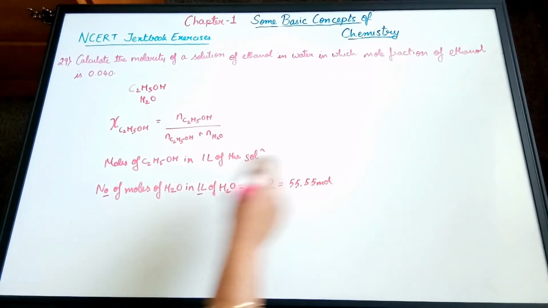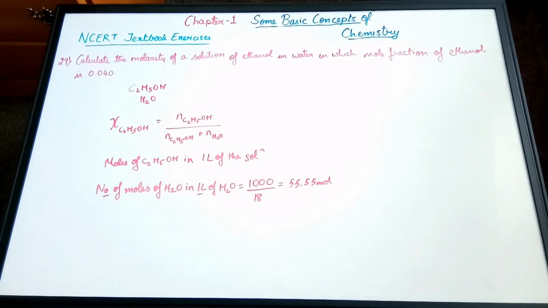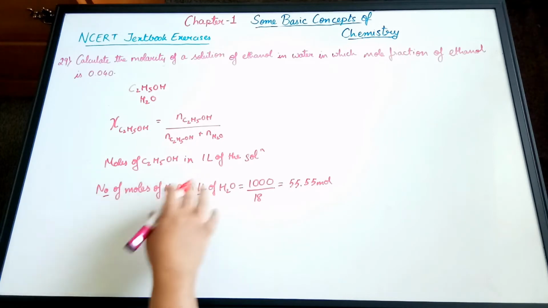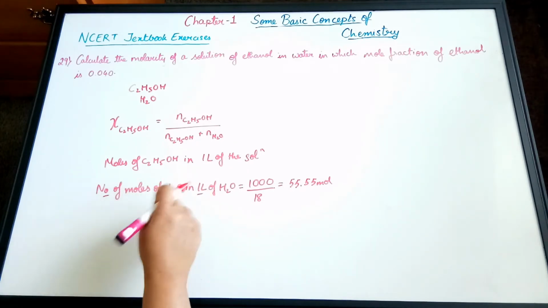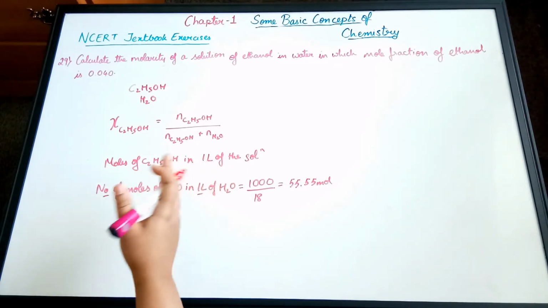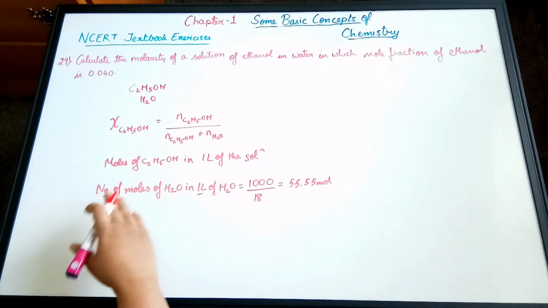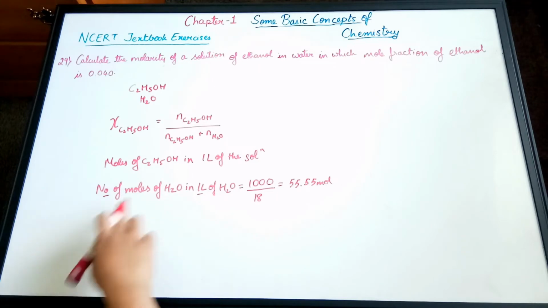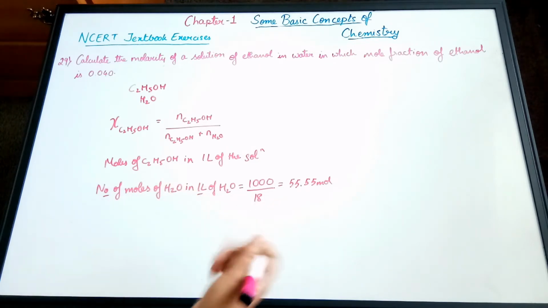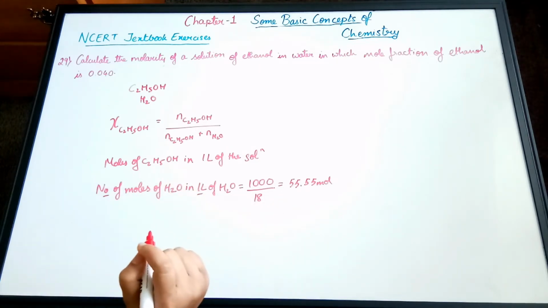Here we take the number of moles of water in 1 liter, and we assume this because the number of moles of ethanol is very small, since the mole fraction is very small, so the solution is quite dilute. So the number of moles of water in 1 liter is 55.55 moles.